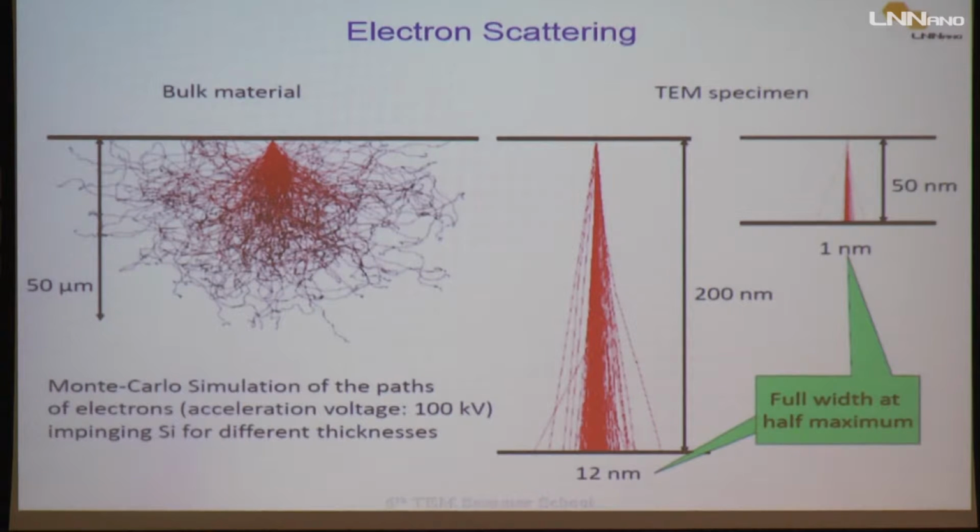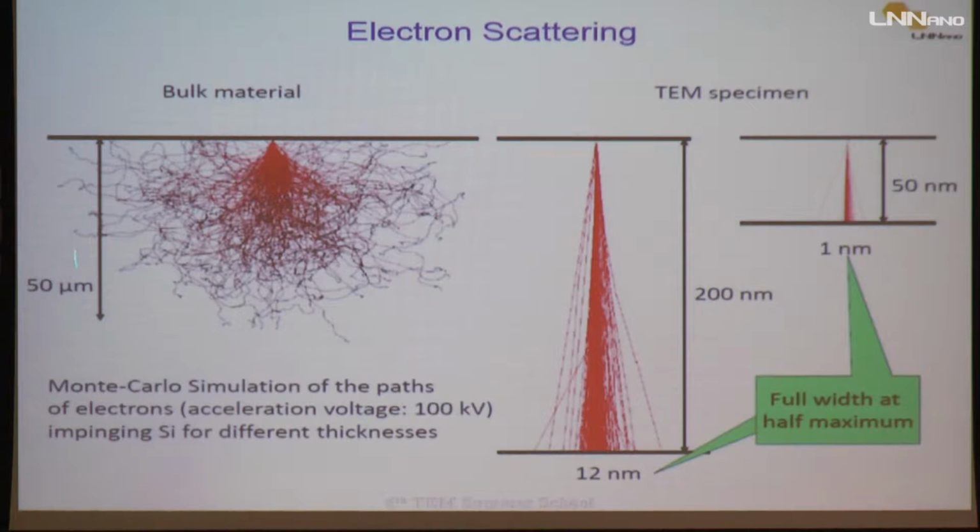Well, as I told you, the criteria is related with the electron scattering inside your material, okay? Here, we have a silicon sample, just a drawing. Here we have a bulk material, with an accelerating voltage of the electron beam of 100 keV in all these simulations.